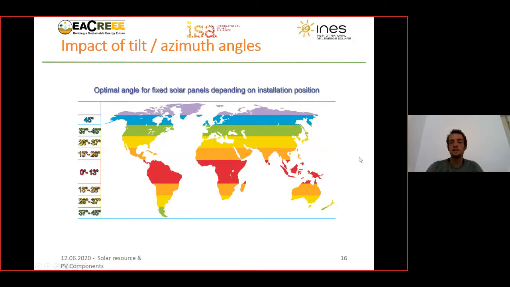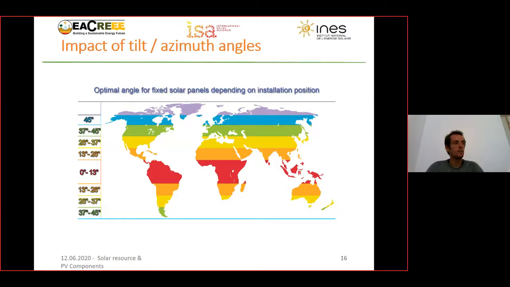To illustrate this idea, I just put this nice map, and this map gives you the best tilt angle for each specific latitude on Earth. You see, if you are at equator level, for instance, in Nairobi, Kenya, you will need to choose very low tilt angles between 0 degrees and 13 degrees.